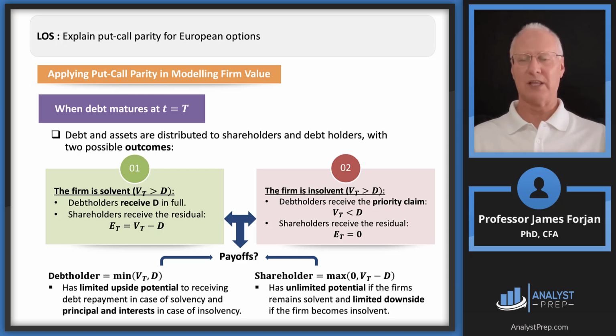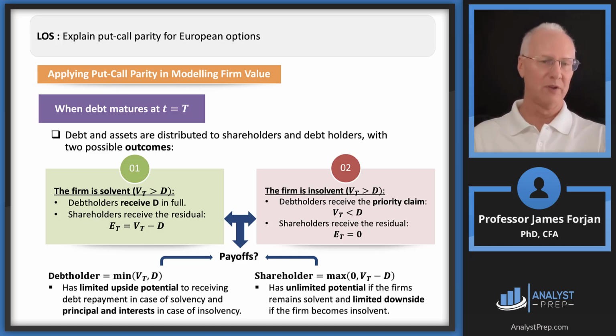So the bondholders, let's look at the payoffs down at the bottom. Bondholders have limited upside potential, right? Because all they're promised is interest and principal. What did I promise you? I promised you $100 return of principal plus $10 of interest. That was it. That's the nature of leverage. But what about the shareholders? Boy, I have unlimited potential.